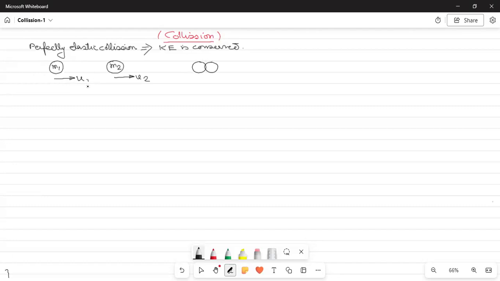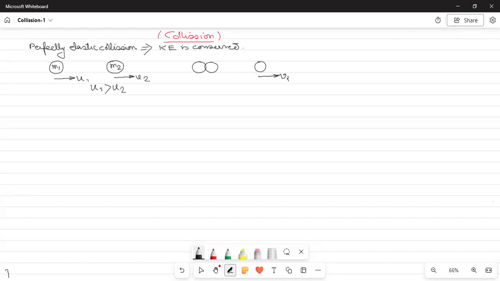Obviously, for collision, u1 has to be more than u2, otherwise they will not collide. The velocity of the first object has to be more than the second object so that they collide. After collision, M1 moves with a velocity of say v1.